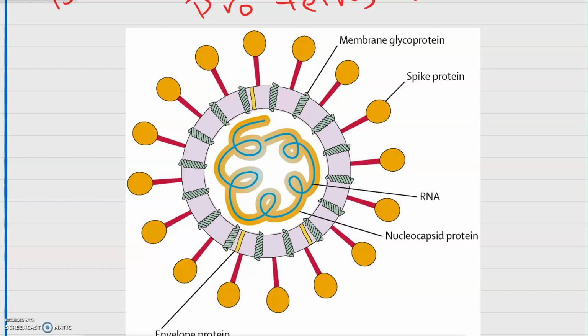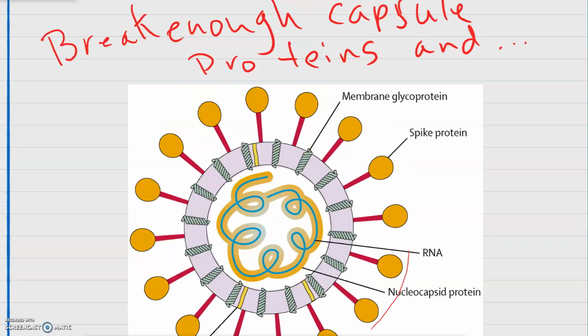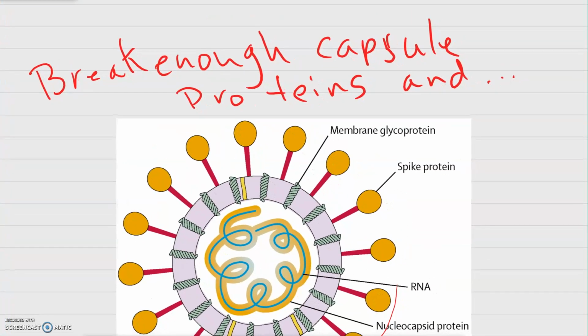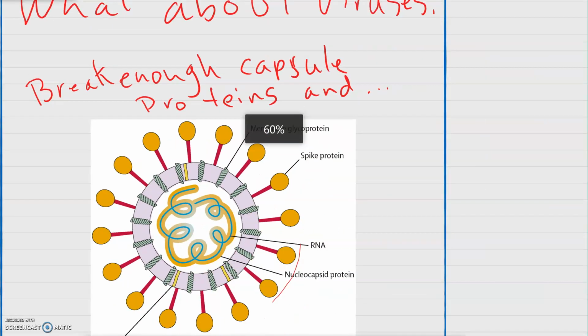And these spike proteins probably help the virus attach to cells that it will infect. So if you break enough capsule proteins by the same sort of protein denaturing processes that I was mentioning earlier, then you could probably inhibit a virus's ability to infect your cells.